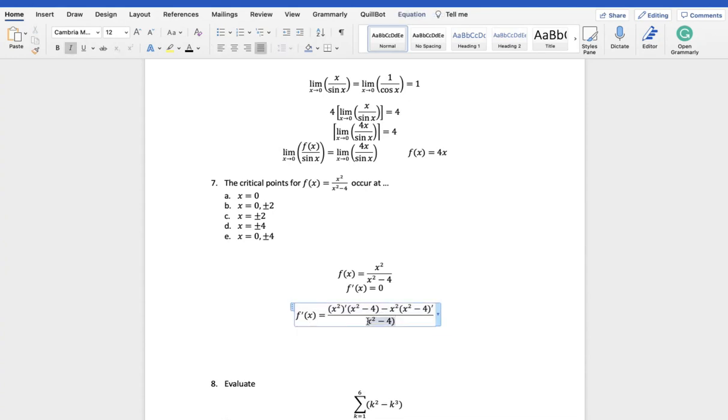If you go back to your quotient rule for derivatives, you'll notice that that is what the rule says.